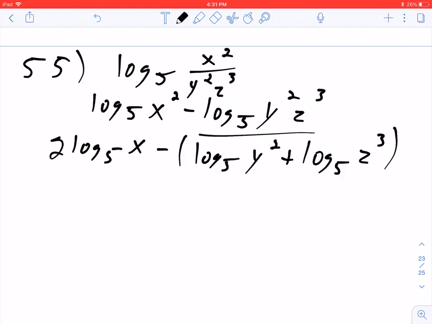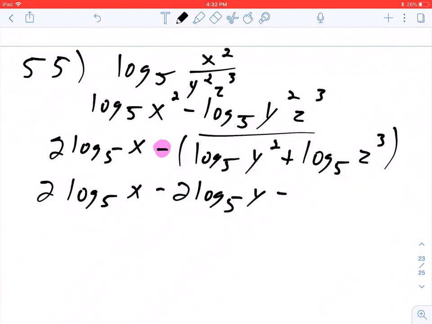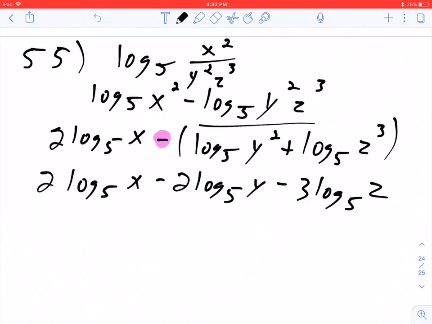From there, I'm going to use the power property to bring down the powers. I'm also going to distribute this negative to everything just so you can see. 2 log base 5 of x minus 2 log base 5 of y minus 3 log base 5 of z. There's your final answer for 55.